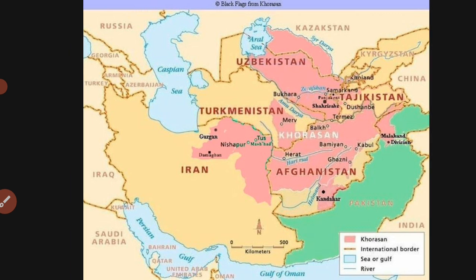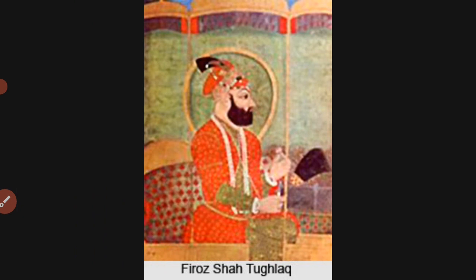So now, let us study about Firoz Shah Tughlaq. Firoz Shah Tughlaq was Muhammad bin Tughlaq's cousin. He wanted the support of the nobles and the ulema so that they would allow him to rule peacefully. Thus, he gave them bigger iktas.